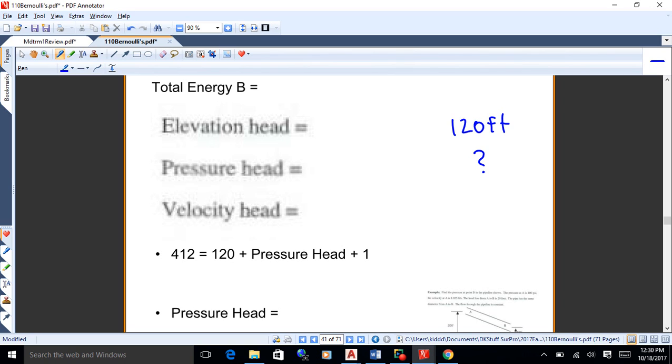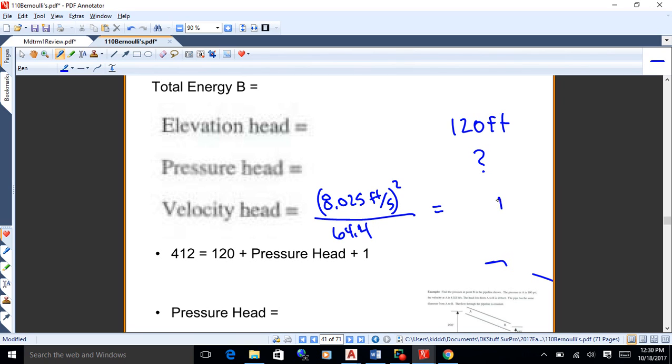And then what's the velocity head at B going to be? It's that velocity, right? Because that pipe isn't changing size from what I can see. So there's nothing going on there that'll change that velocity. And I can just square that and divide it by 64.4, but I don't even really need to do this. That'll just come out to be a foot.